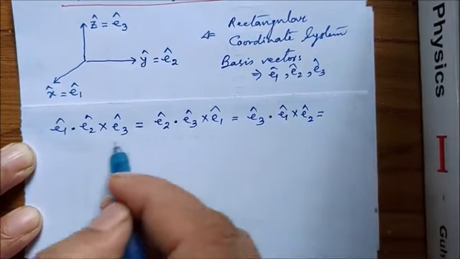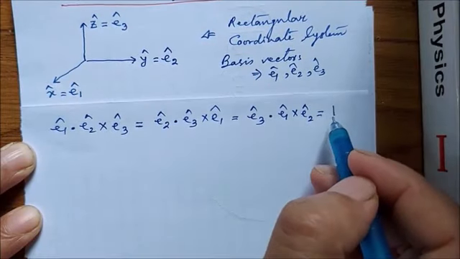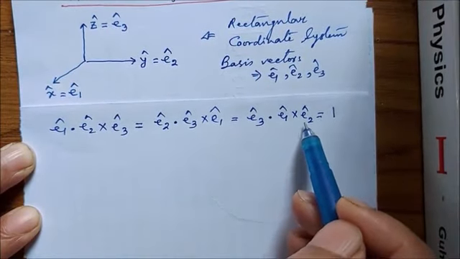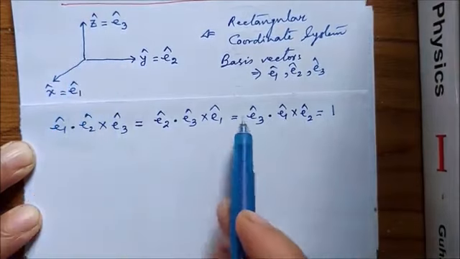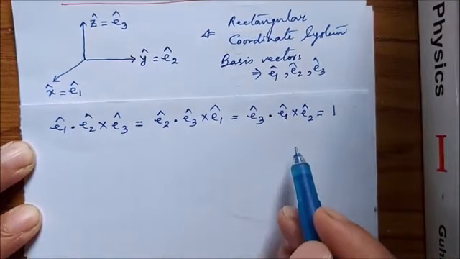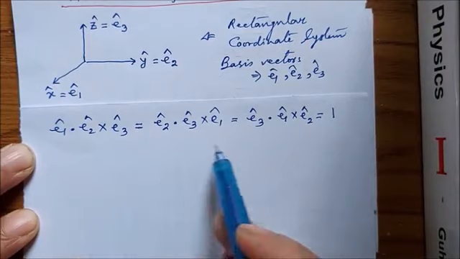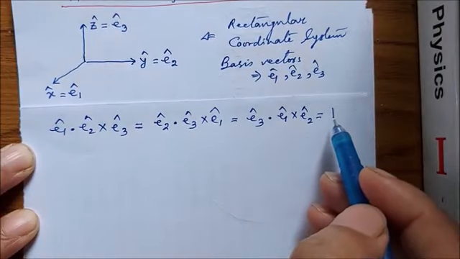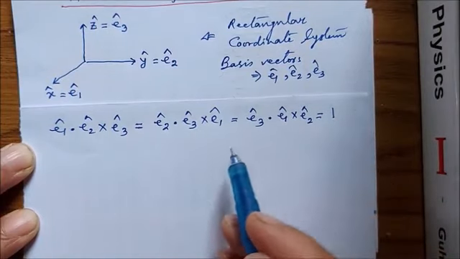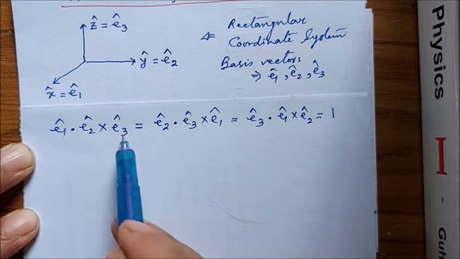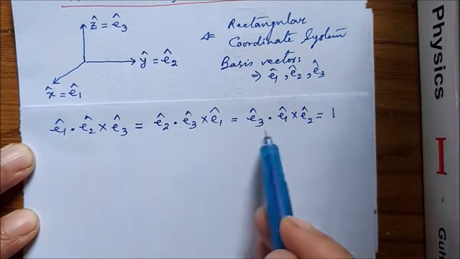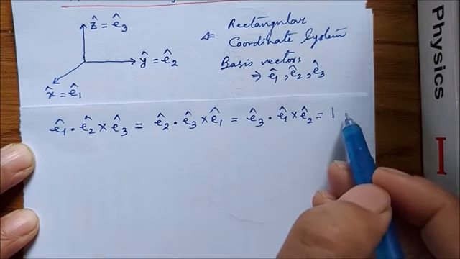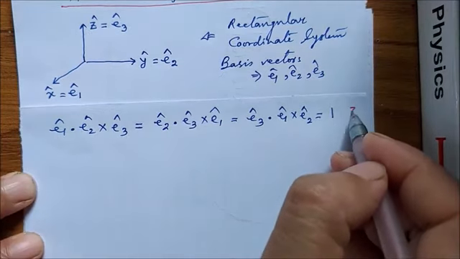And the value of each one is unity, because e1 cap cross e2 cap is e3 cap and e3 cap dot e3 cap is 1. We have written down three relations, and in these three relations 1, 2, 3 occurs in a cyclic fashion and the value of it is 1.